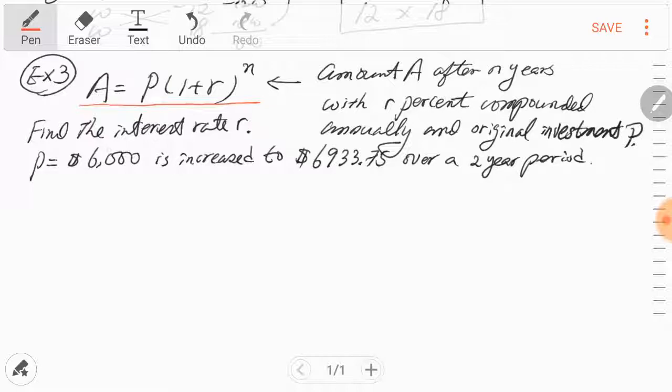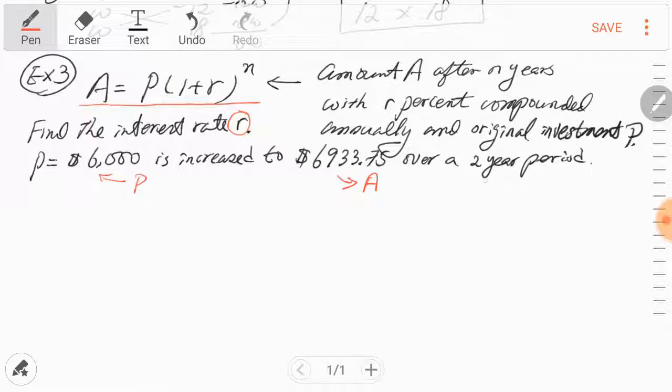Now we are looking for the annual compound interest rate R. The principal, $6,000, increased to $6,933.75 after 2 years. So this is the total amount, and this is the P value, right?